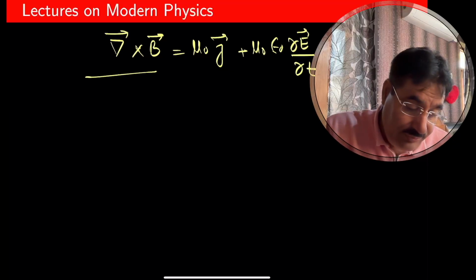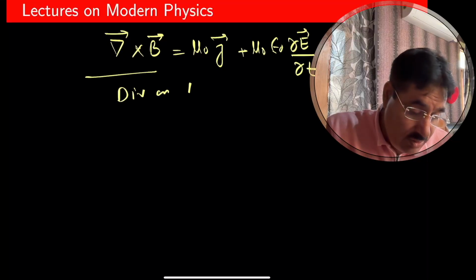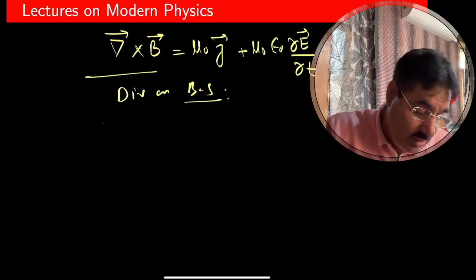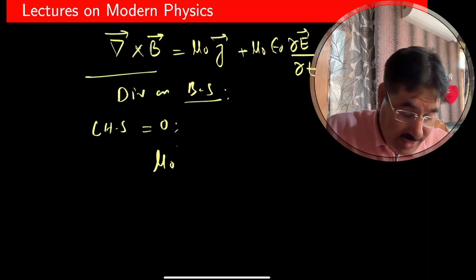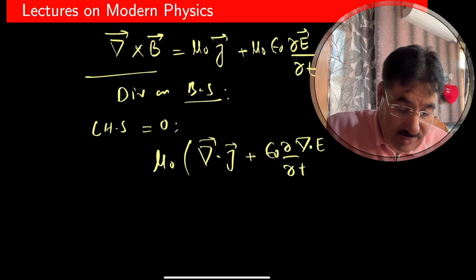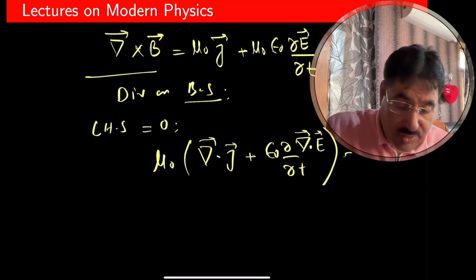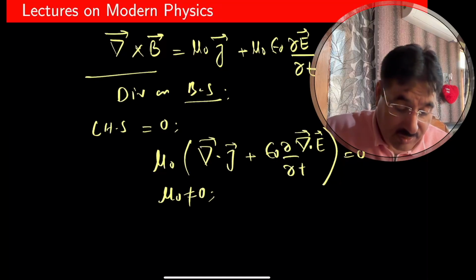The left hand side would be divergence of curl, which would be 0, which means mu naught, I can take mu naught out, times divergence of J plus epsilon naught del by del T divergence of E, is equal to 0. But mu naught is not 0 because it's a constant.